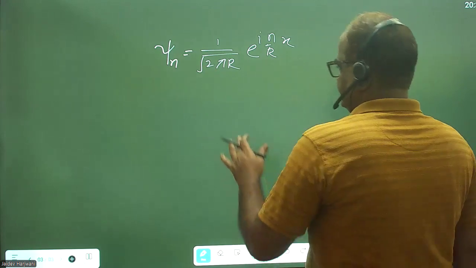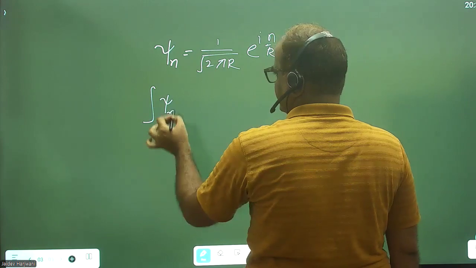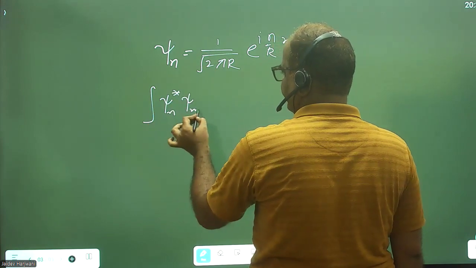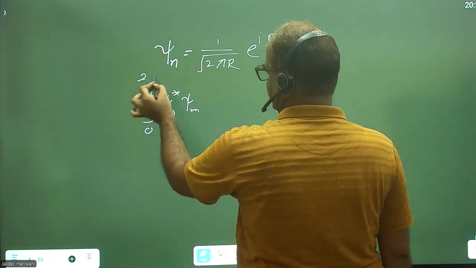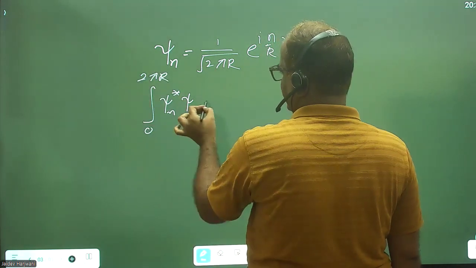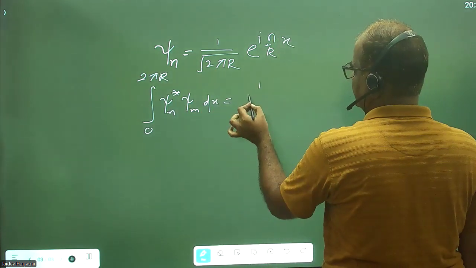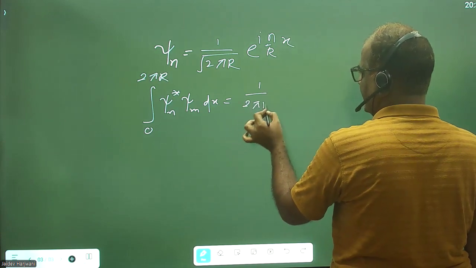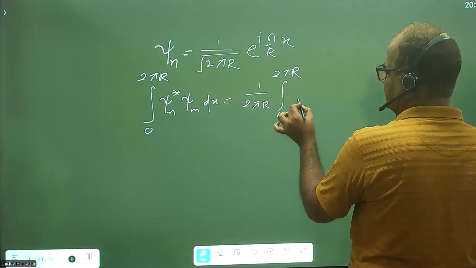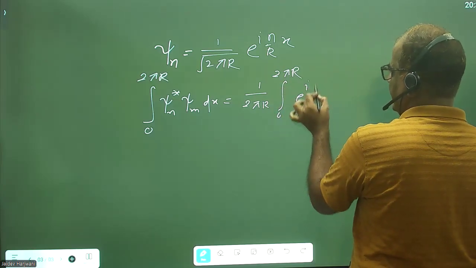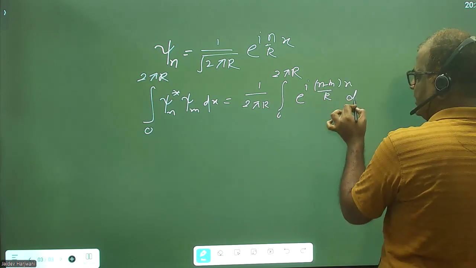Now, if I calculate psi n star psi m in the limit 0 to 2 pi r, that is 0 to L, dx, I can write this is equal to 1 upon 2 pi r, integral from 0 to 2 pi r, and this becomes e power iota (m minus n) by r x dx.